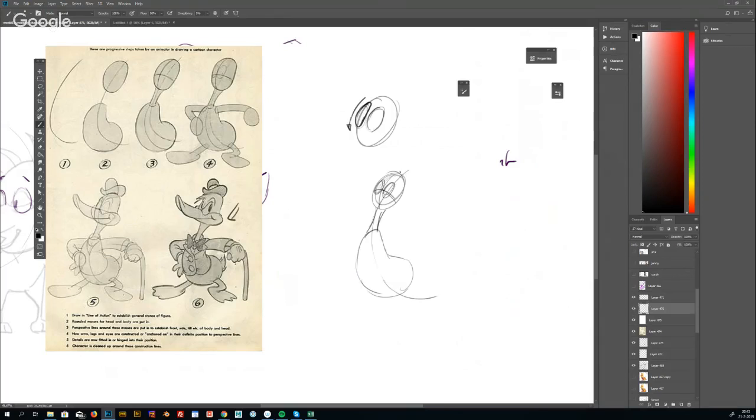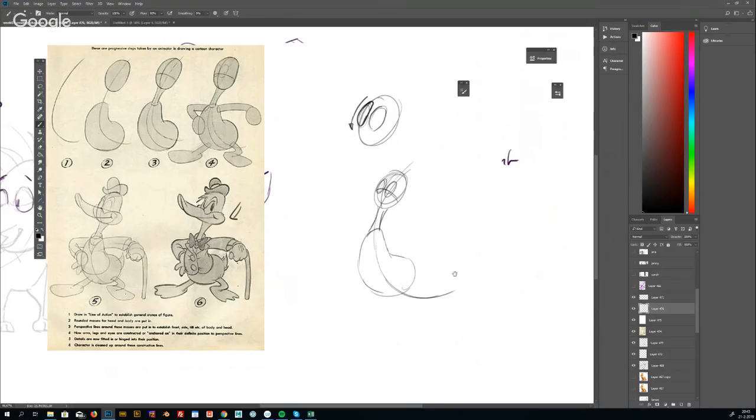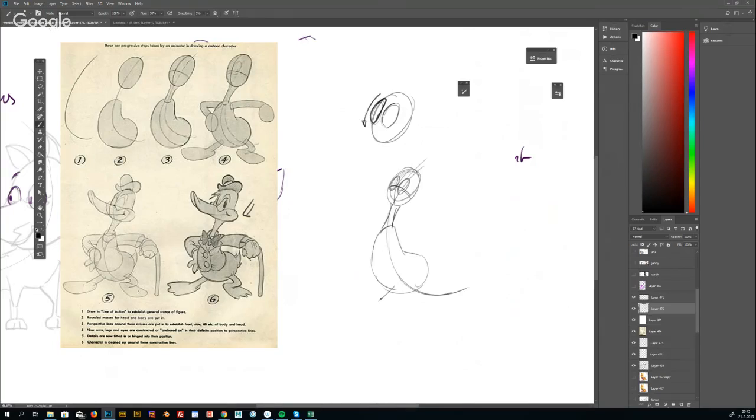You can see the action line as a guide. For example, this leg isn't following the action line, but this one sort of is. So it's a feeling you need to develop.